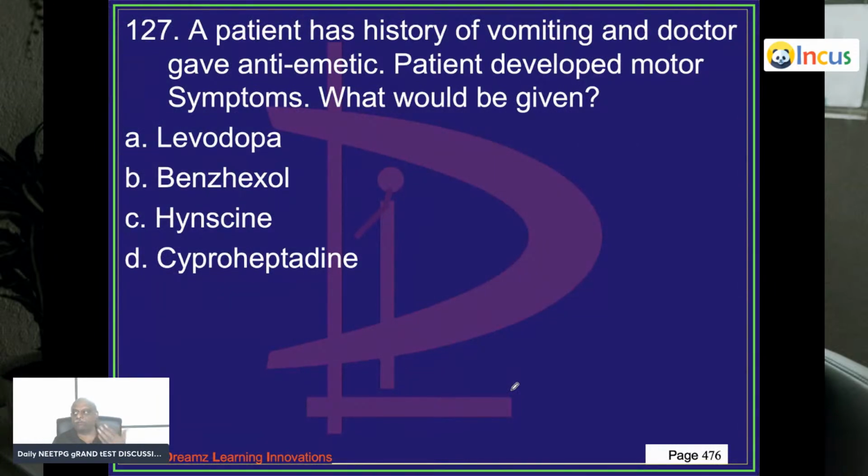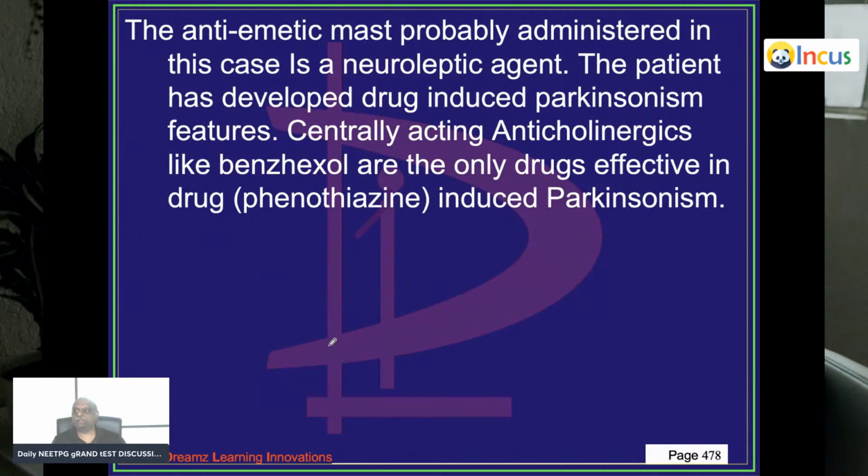Patient has history of vomiting and doctor gave antiemetic and developed motor symptoms. What is this called? Extrapyramidal syndrome because of the dopamine depletion caused by metoclopramide like drugs. So in that case, how do you treat? You need to give a drug like benzhexol. Fundamentally, there is a fight between what?